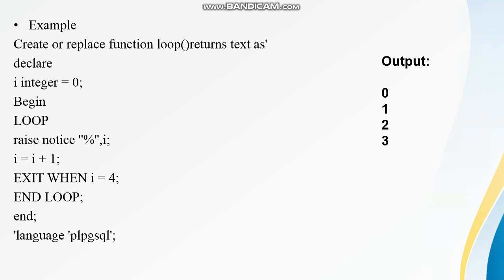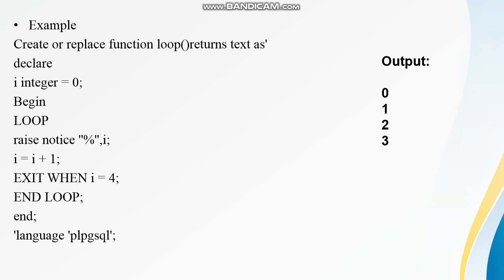Here we are incrementing the value of i by 1 and we have to exit when i equals 4. If we do not write this EXIT statement, then there will be a problem and the loop will not know where to stop. It will keep on executing the statements inside the loop.